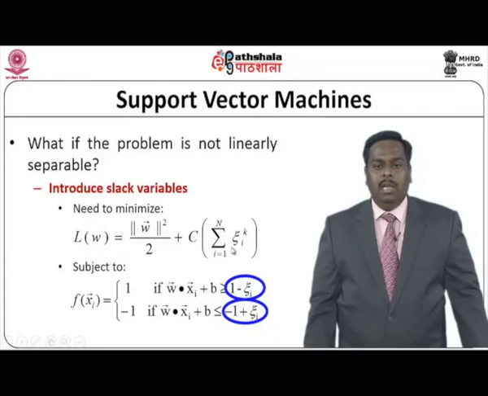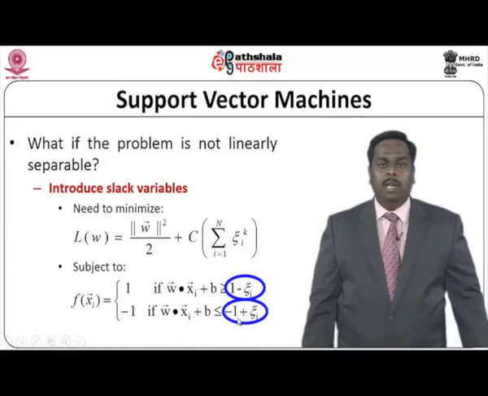Accordingly, we will be adding this epsilon value, which is nothing but the slack variable. Since we are introducing a slack variable, the governing equation should also be modified with respect to the slack variable. If it is a positive value, we subtract the slack variable, and if it falls under the negative class, then the slack variable is added.